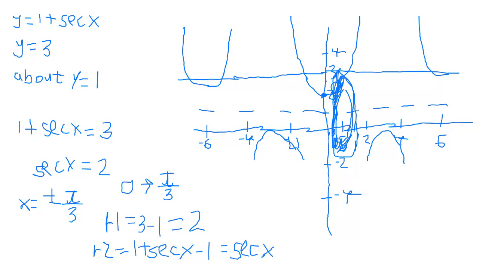And then all we have to do from here is just find our volume. So our volume would equal the integral from 0 to pi over 3, and we would have a 2 pi over here.